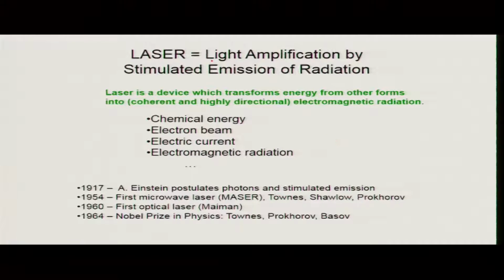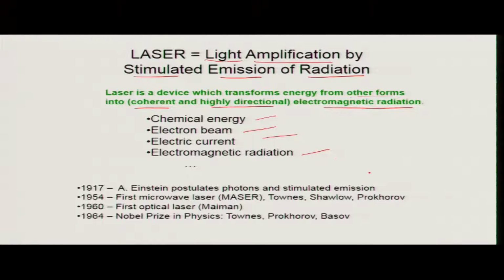So, this principle of light amplification by stimulated emission of radiation, or laser, can transform energy from other forms of energy into coherent and highly directional electromagnetic radiation. And this other form of energy can be anything as diverse as chemical energy, electron beam, electric current, electromagnetic radiation and so on and so forth.